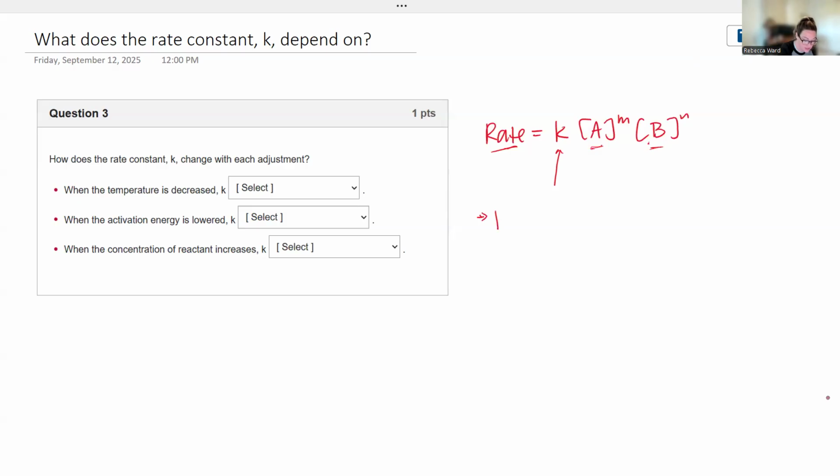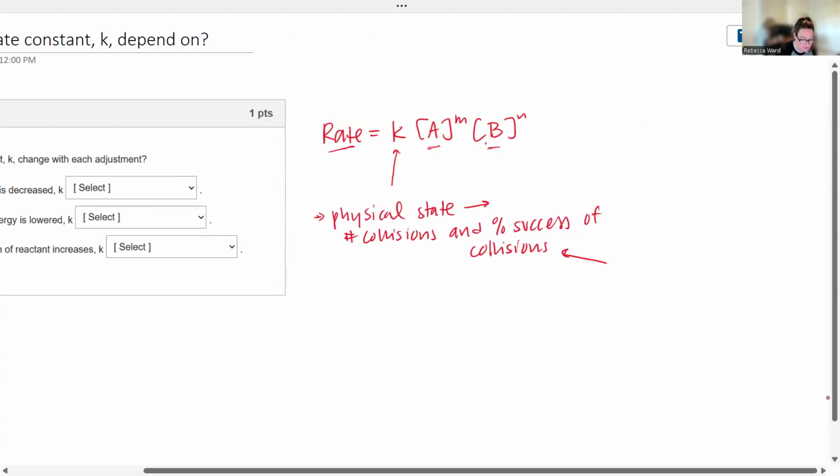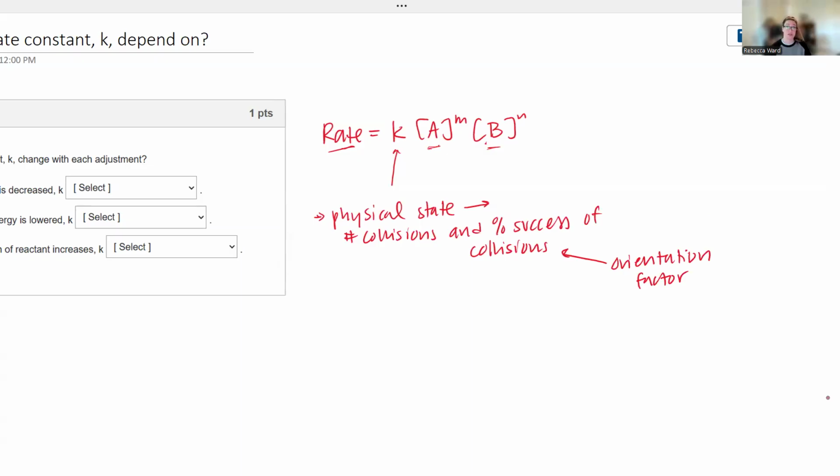We said there's the physical state. We're going to tie this to the number of collisions and the percent success of collisions. That is connected to the orientation factor that we talked about. How likely is it that any collision is going to result in a reaction?